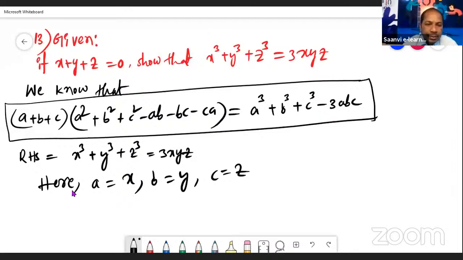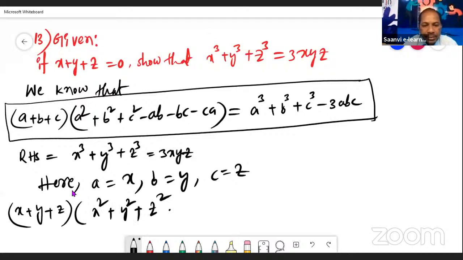Now substitute the values in the formula. a plus b plus c means x plus y plus z, into a square means x square, b square means y square, c square means z square, minus ab means xy, minus bc means yz, minus ca means xz.